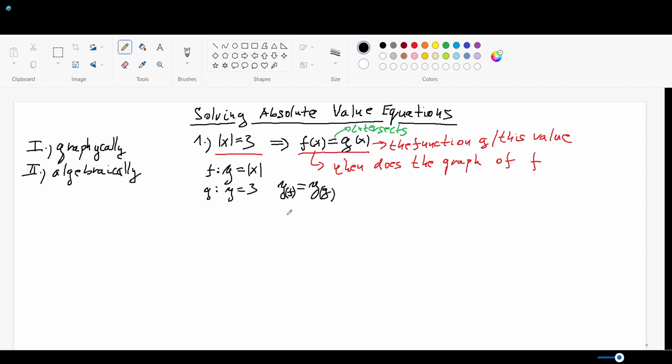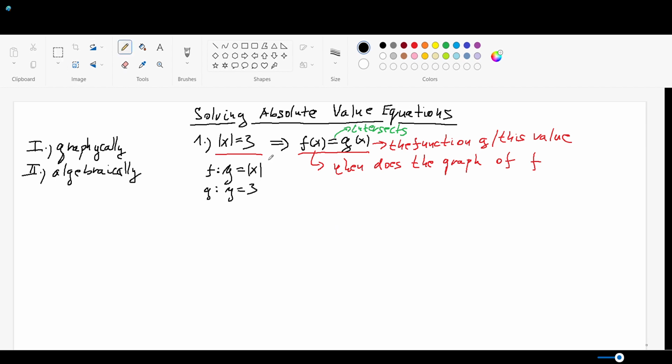If you rewrite this equation instead of using y's, you get our equation: the absolute value of x is equal to 3. So this is the theory behind it.